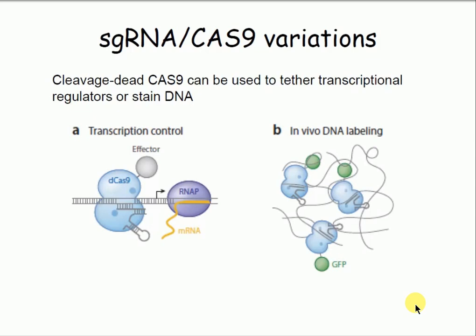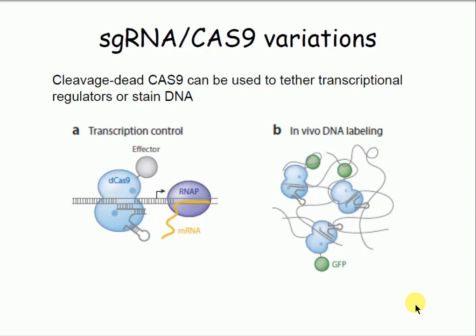Or it can be used to label DNA in vivo. If you fuse it to a GFP, we can bring GFP to a locus in the DNA. So these are just two of the emerging new applications for Cas9 together with sgRNA, but there is more.